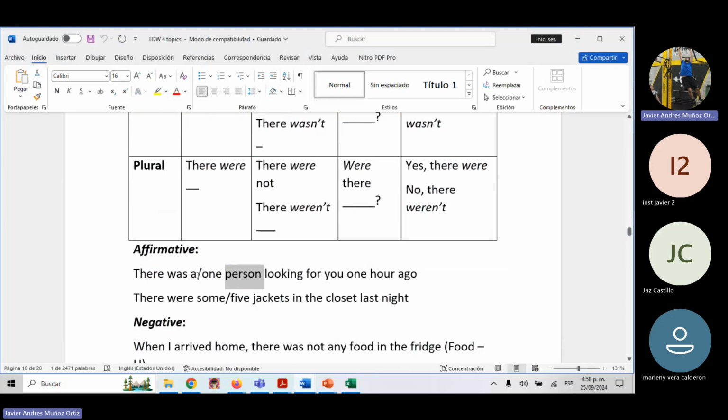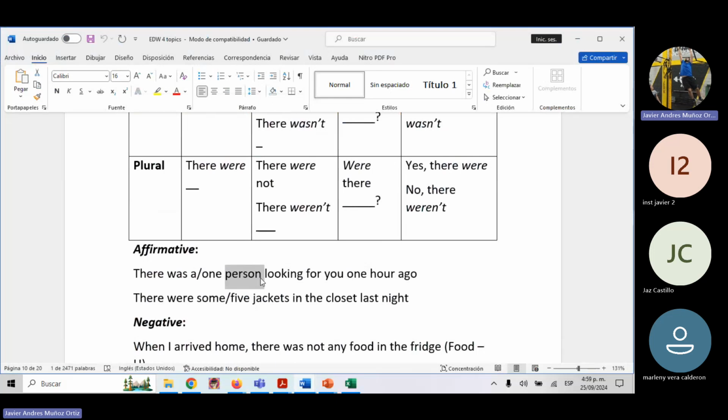There was is singular. The article a is singular, and the person is also in singular form. There was one person, there was a person. We cannot say there was 7 person or there was a persons. This is not possible. This is not coherent. And we need to be coherent. I mean, everything in singular or everything in plural.